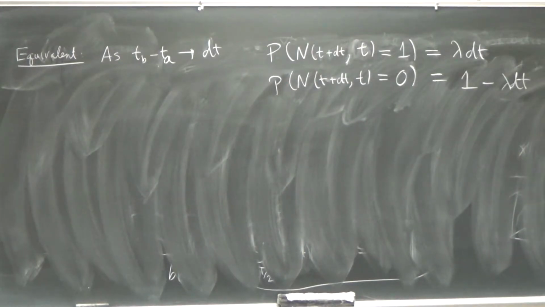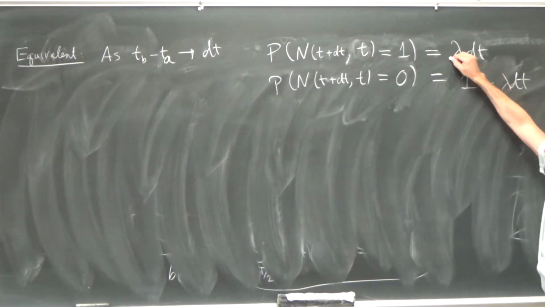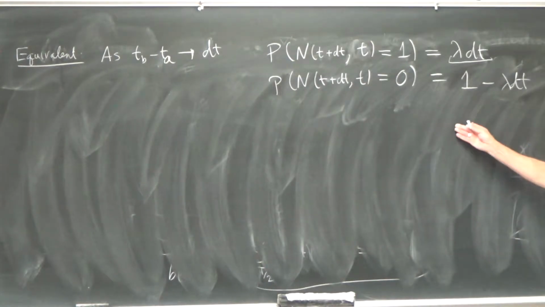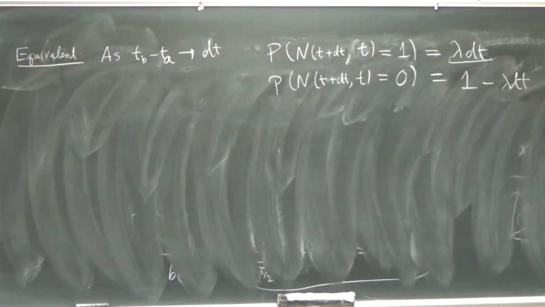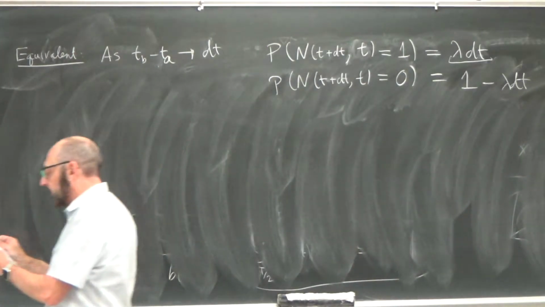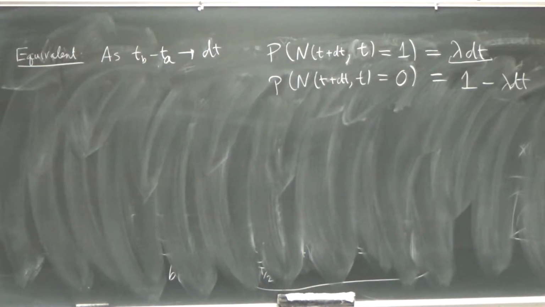The probability of seeing that 1 count is given by the rate lambda times dt. The only other thing that can happen is I see no counts, and that happens with probability 1 minus that. So let us now prove that this definition is equal to that definition. So let's do the following.